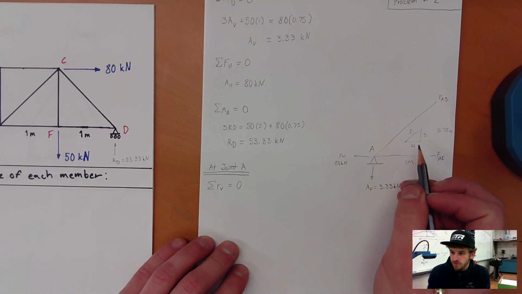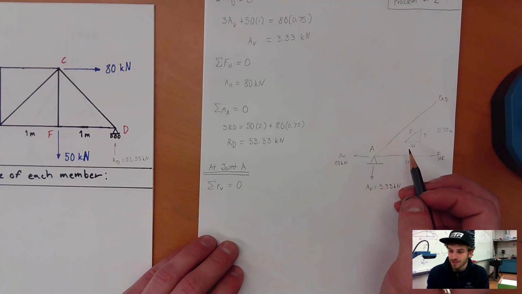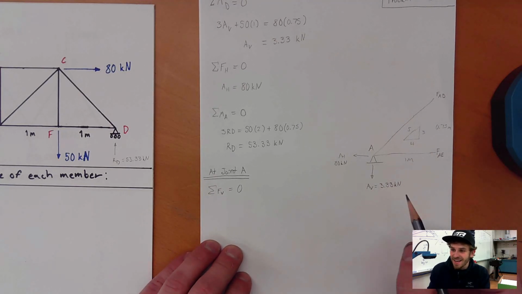Okay, so seeing as we have a 3, 4, 5 triangle, we can actually not even do trigonometry to start this problem.